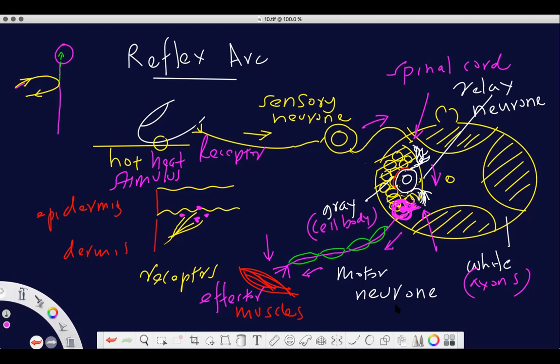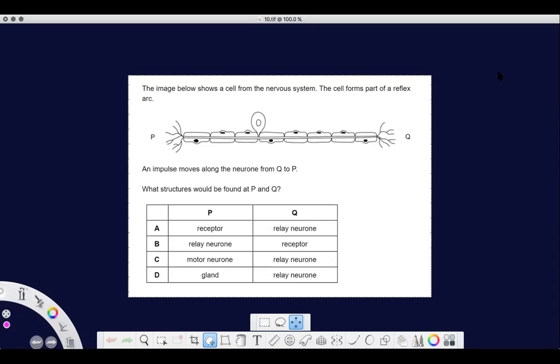Alright, so what are the things you need to remember to answer an exam question like this? Can you find the answer for this question? The image below shows a cell from the nervous system.